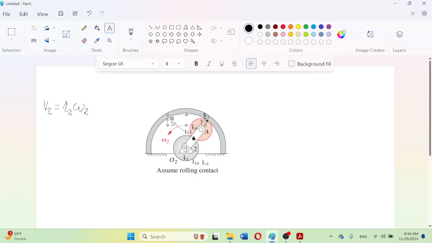This velocity will be v subscript 2, which I have just written here. So v2 will be equal to omega 2 times r2, where this distance from the contact point up to here will be equal to r2.